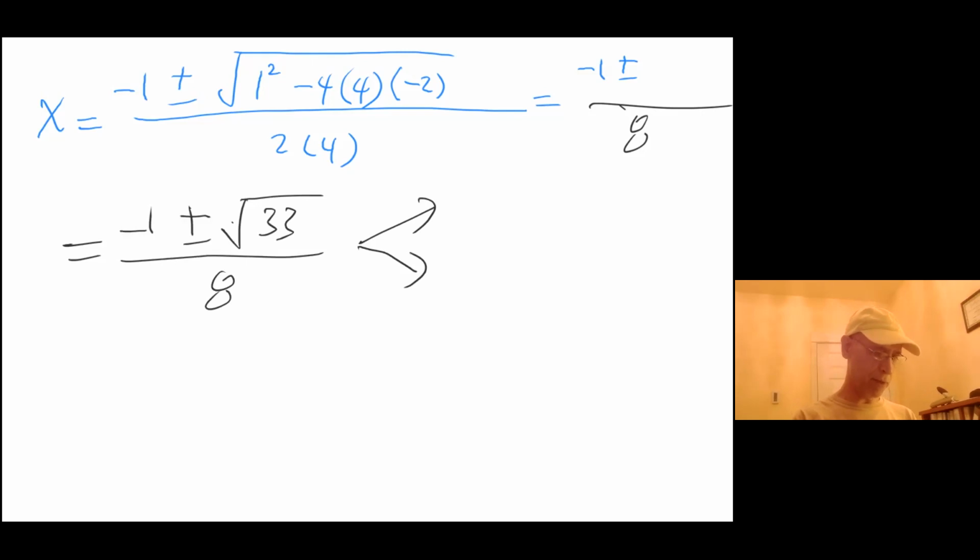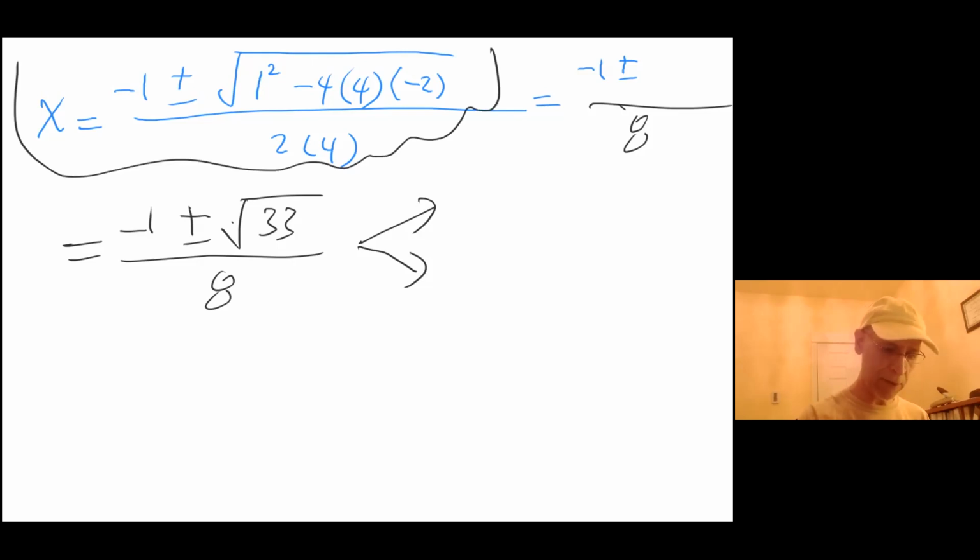So square root of 33, which is 5.744, and so subtracting 1 from it, divided by 8. So this was my formula, but here I'm solving for u.